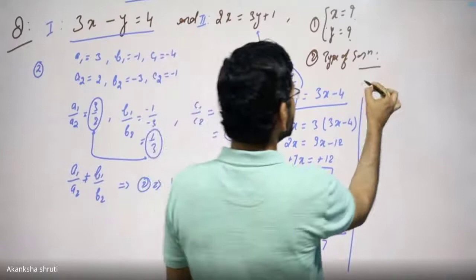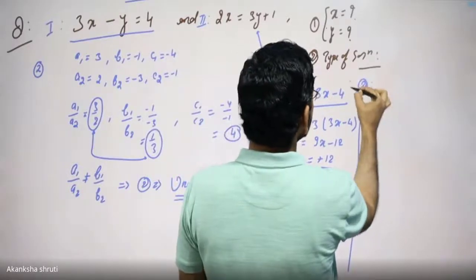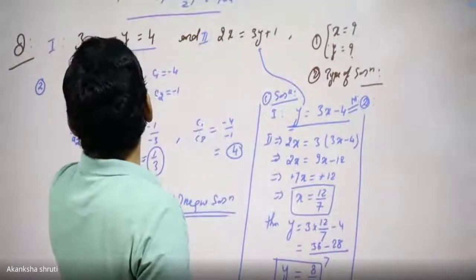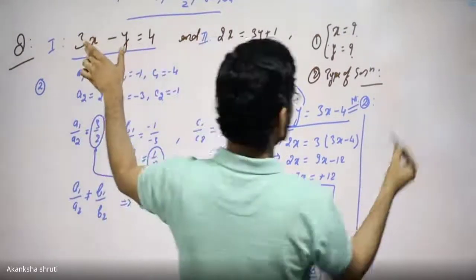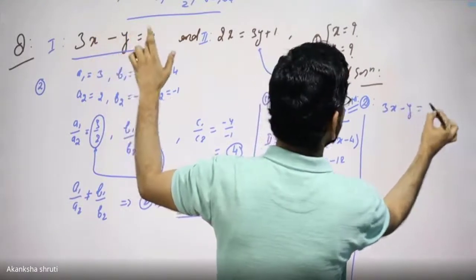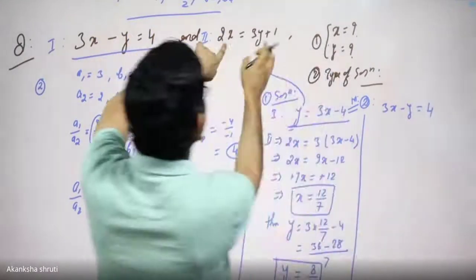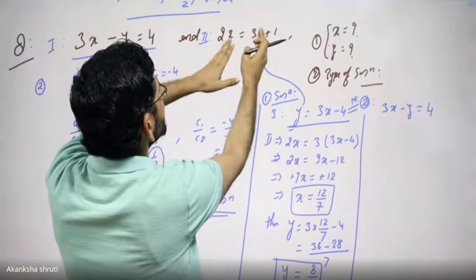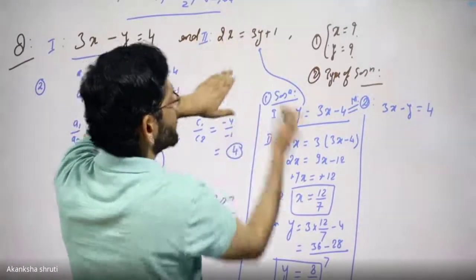The second method is by eliminating the coefficient. Just we have to equate this. 3x minus y is equal to 4. For applying the elimination method, write all the variables on one side and the constant on the other side.